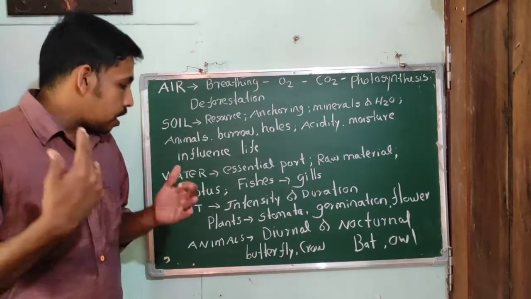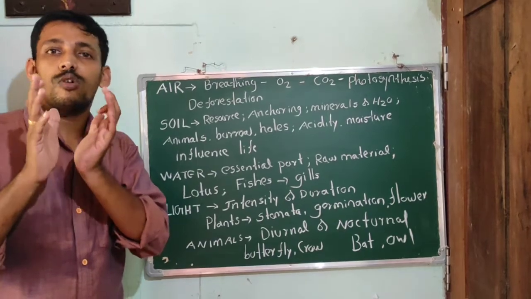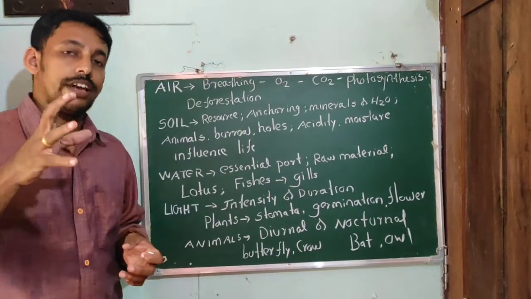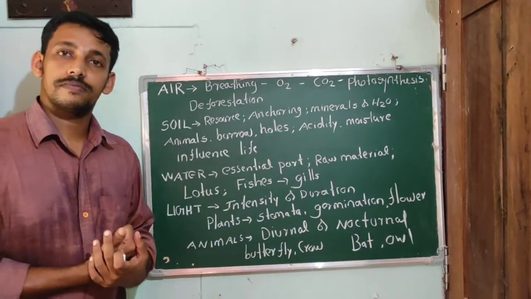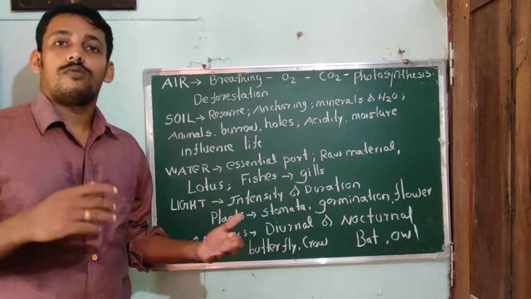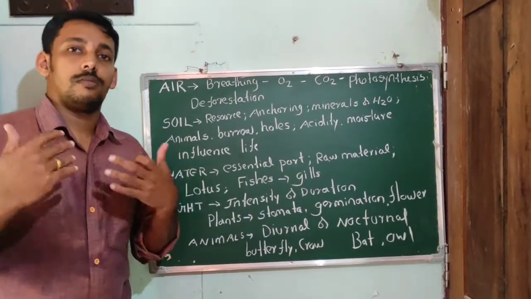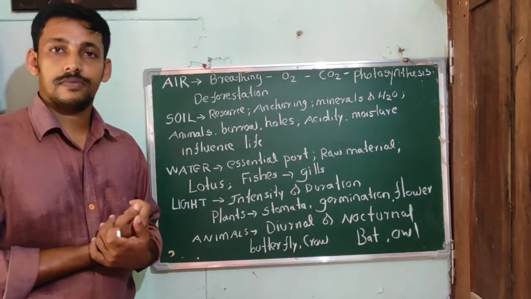If we take animals, we know that some animals are more active during the daytime. This type of animals is known as what? Diurnal animals. For example, butterfly, crow and pigeon are all diurnal animals, because they are more active during the daytime.